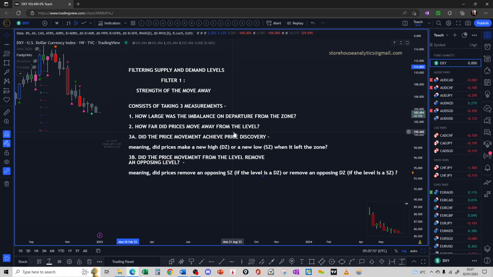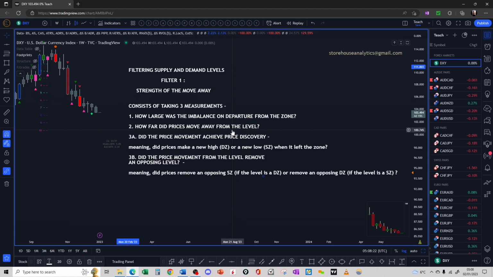The most common way to measure that is the size of the body. It's not the only way, but it's the main way. Within that, the biggest representation of an imbalance is a gap. So if you have a gap, it trumps everything, as it's the biggest imbalance. So it was a large move away just from the sheer fact that it was a gap.